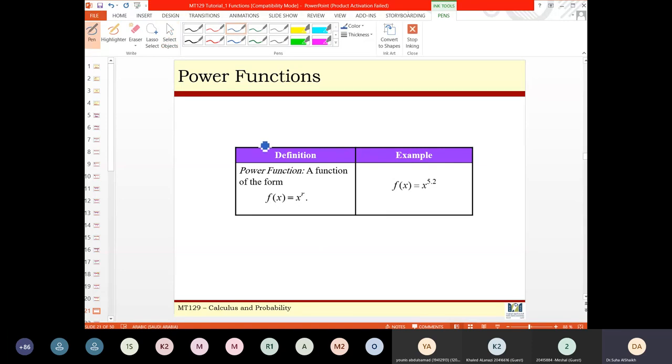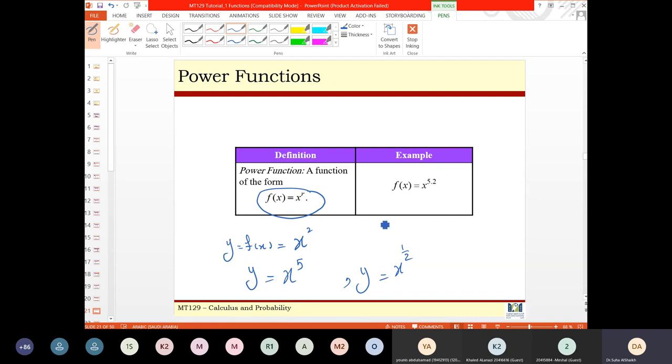The power function is whenever you have f of x equals x to the power r. For example, y or f of x equals x to the power 2 on its own, or y equals x to the power 5, or y equals x to the power half. All of those are power functions. The word power means strength, which in Arabic we understand as exponents, right? So the power function is the one that has the power.